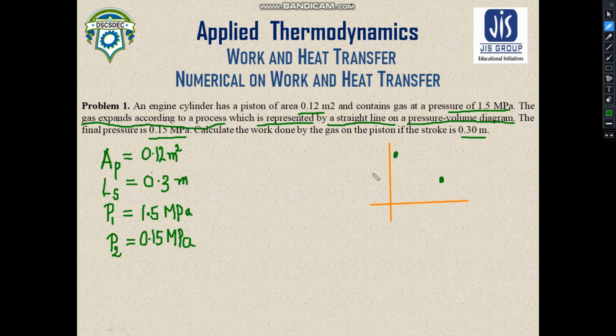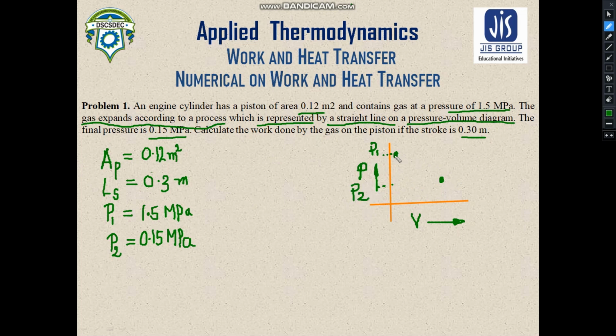This is the pressure axis, the vertical axis, and this is the horizontal axis, the volume axis. This refers to P1, that is equal to 1.5, and this refers to P2.